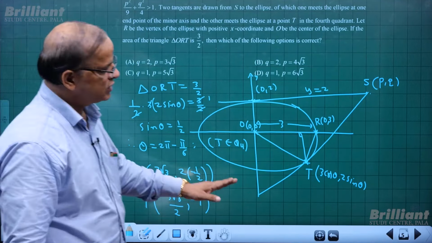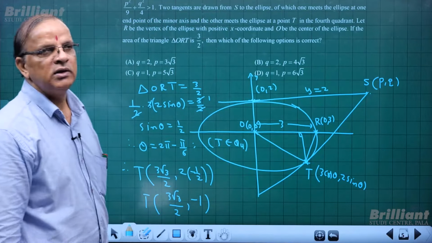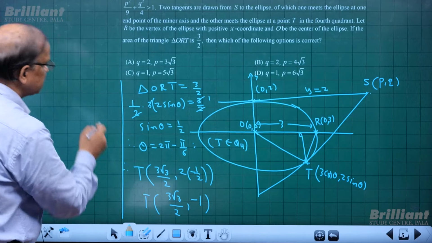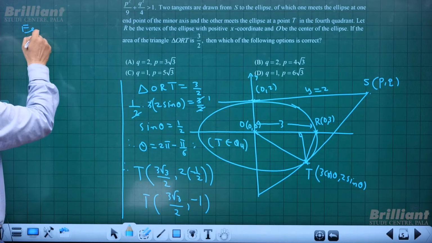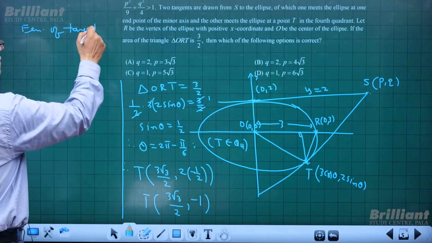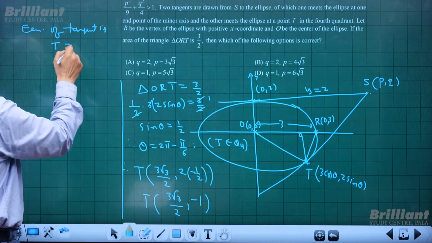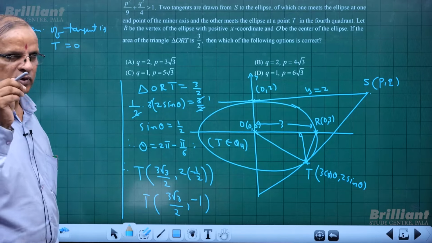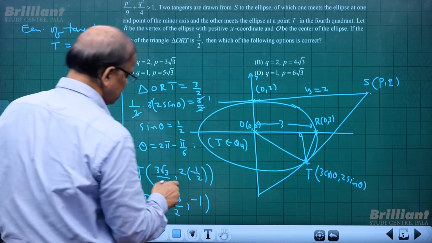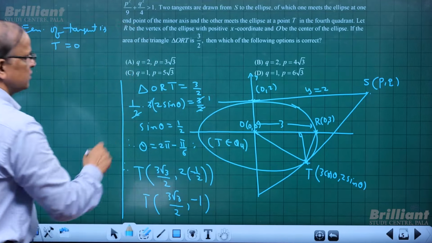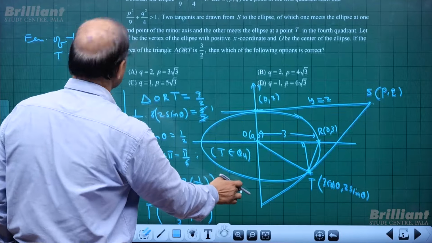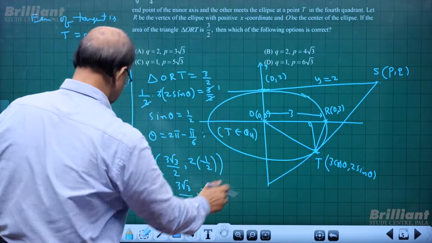So I will write the tangent at this point by using T equal to 0. So the equation of tangent is T equal to 0. T means the formula, not this T, right. So T equal to 0, xx1 by 9, plus yy1 by 4.